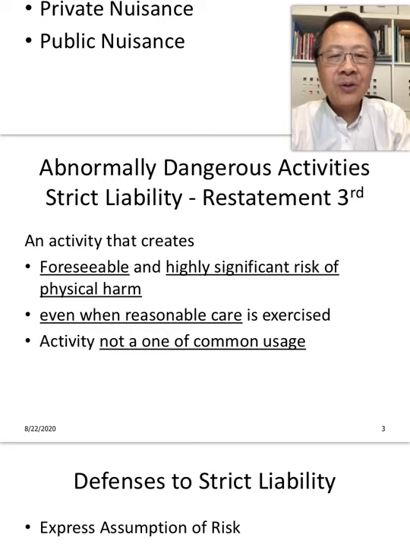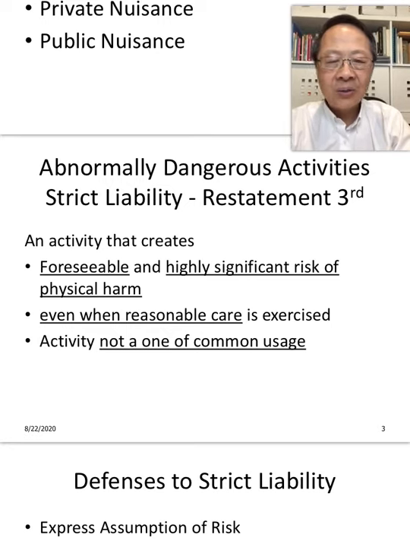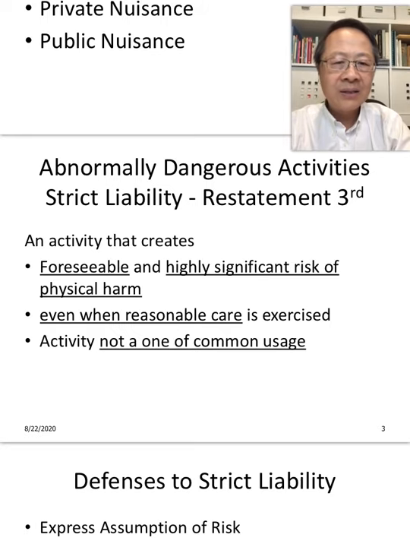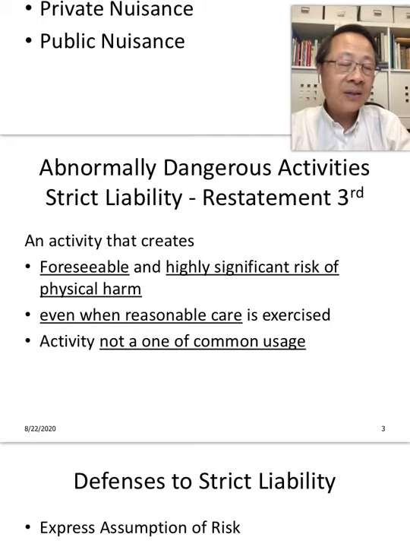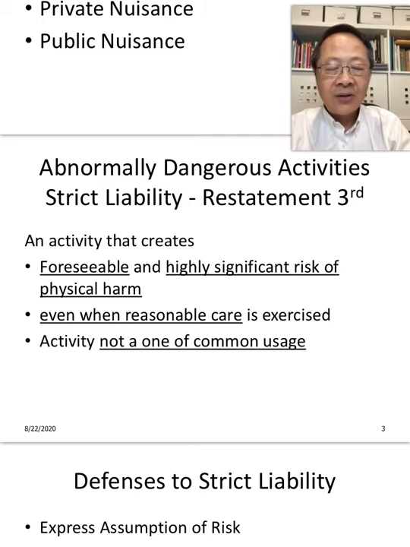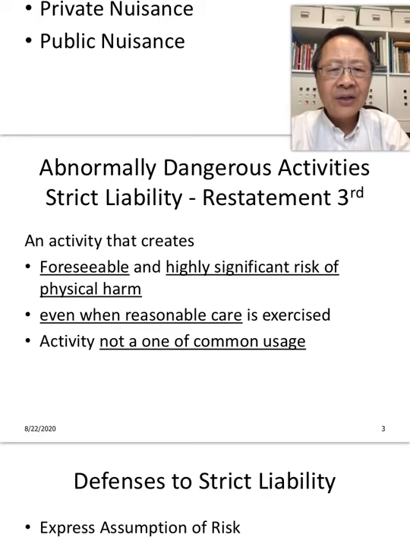I'm really referring to the American version here, the versions that the American Law Institute has embodied within the Restatement, first, second, and third. The Third Restatement version of the abnormally dangerous activities strict liability doctrine has come back almost full circle to the initial version that came out of Rylands versus Fletcher.